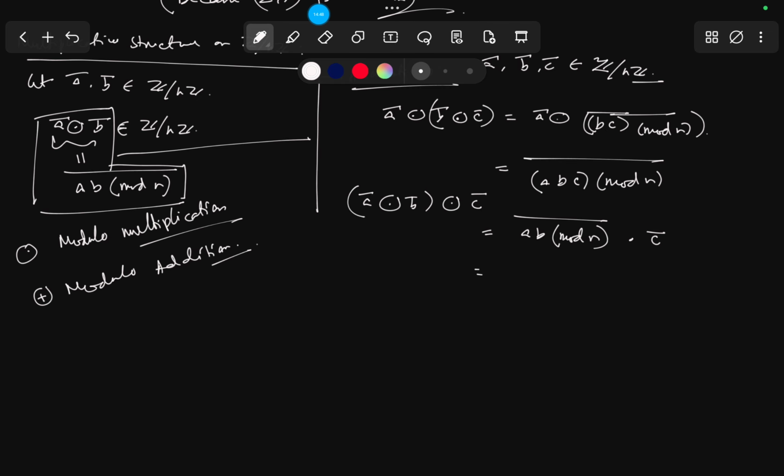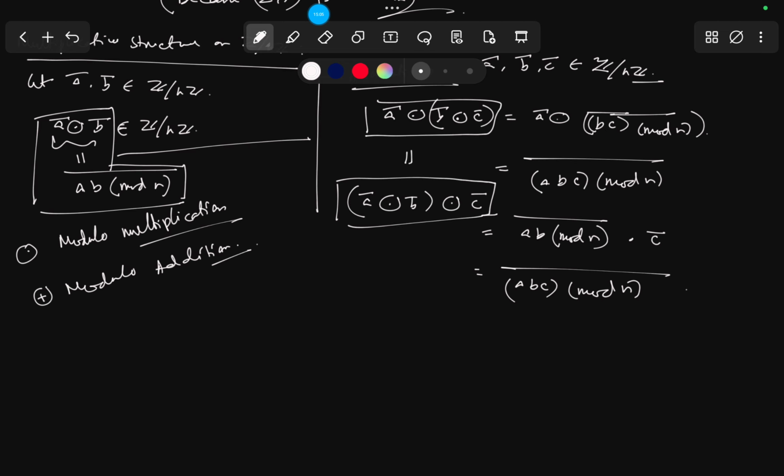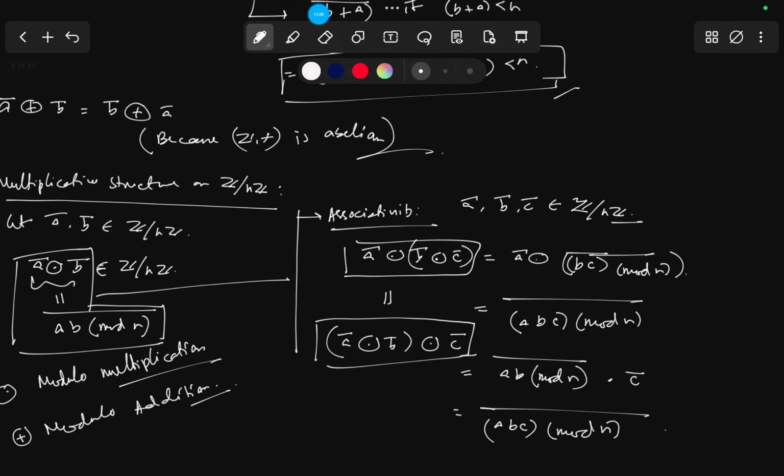So again it comes out to be bar of abc mod n. So both are the same. So a bar dot b bar dot c bar is the same as a bar dot b bar, then with c bar. So both are the same, and that's why modulo multiplication associativity is there.